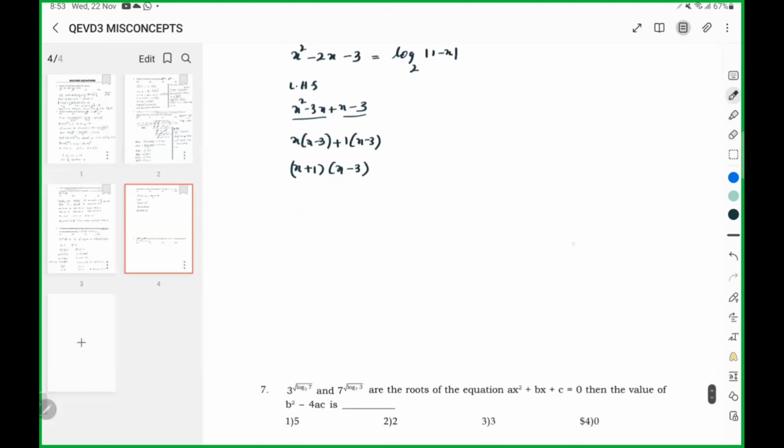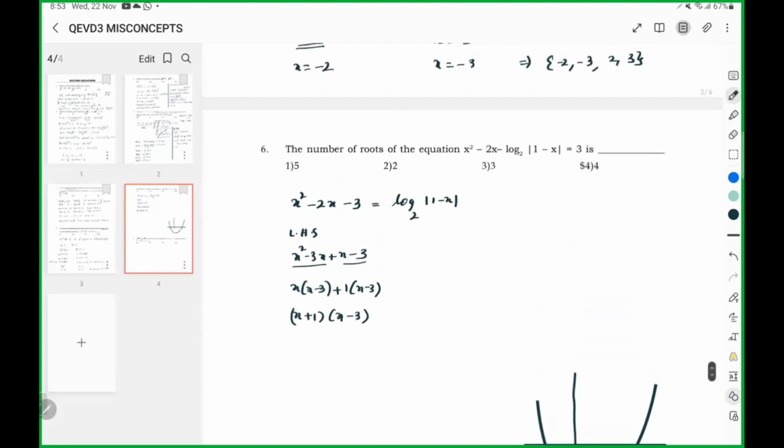Let us take the graph. -1 and 3 are the roots. So it's a parabola.